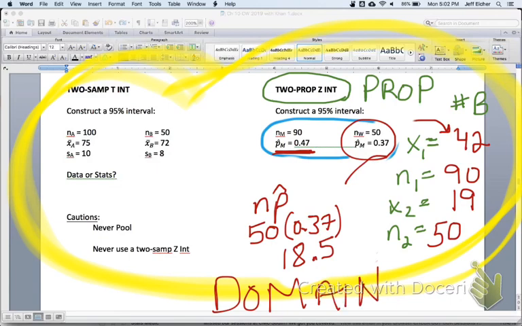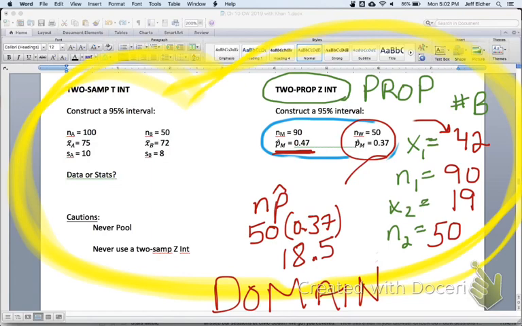If you got, like I did, a domain error, you forgot, like I did because I was talking, to round one of those decimals. You shouldn't have any decimals in x1, x2, or for that matter, n1 or n2.